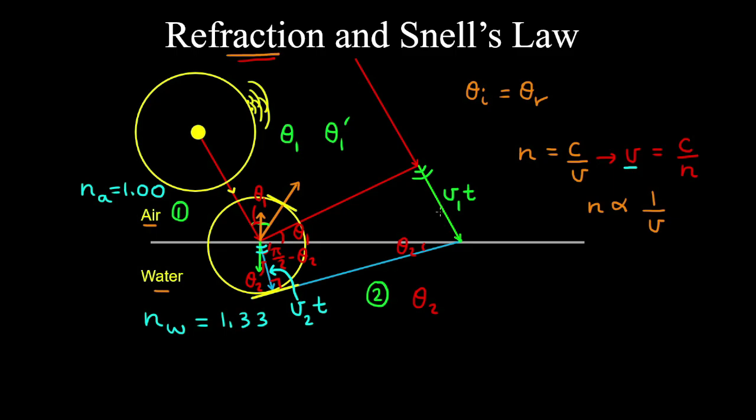And now using trigonometry, we see that sine theta 1 is equal to the opposite edge over the hypotenuse. So let's just call this distance h. And sine of the angle of refraction is equal to the opposite edge over the hypotenuse.